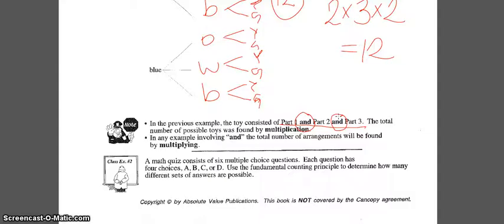In here, the logic is you produce part A and then part B and then part C. So when you say "and", you will multiply. What happens when we see "or"? Well, we'll see it soon.